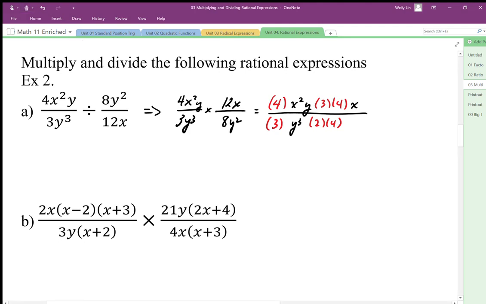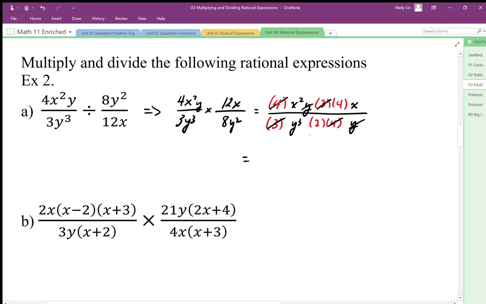So we do have some common y's that are going to cancel out, and we're going to end up canceling some of these factors out. So 4 times 4 divide 4, 3 times 3 divide 3, and we're going to get rid of one of those y's with one of these y's.